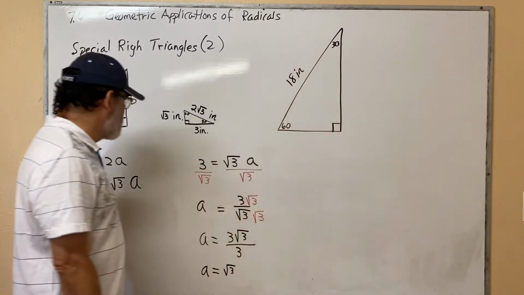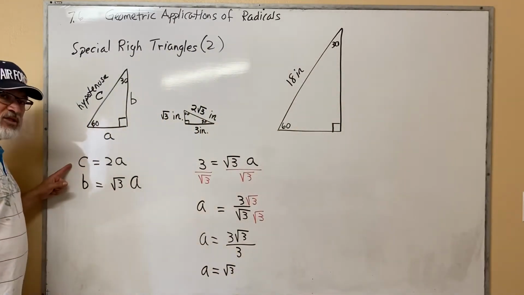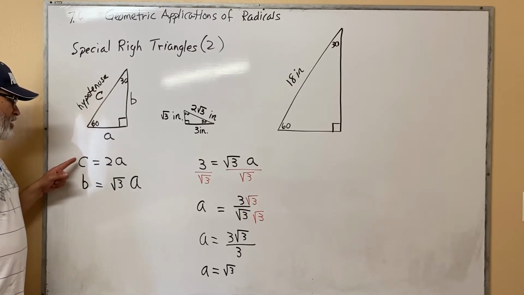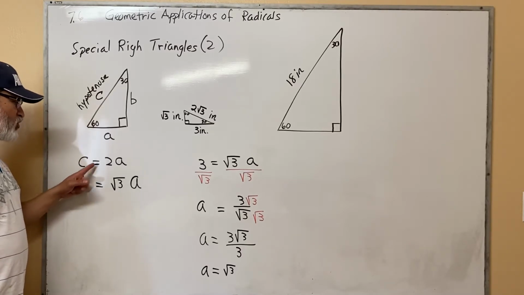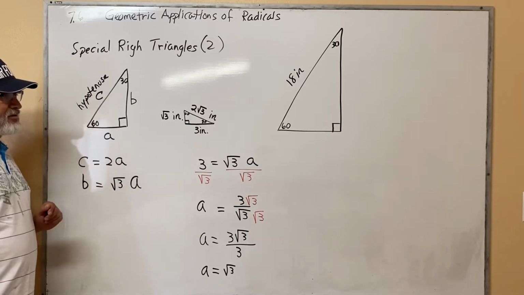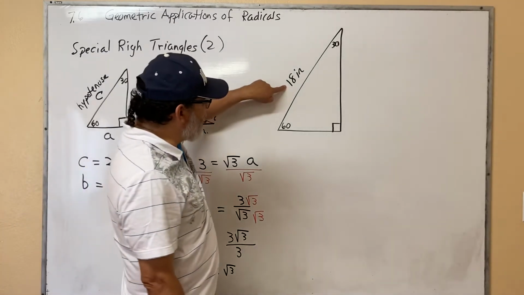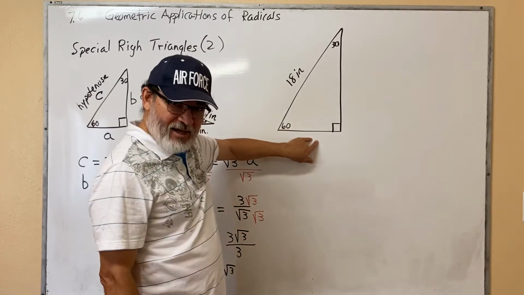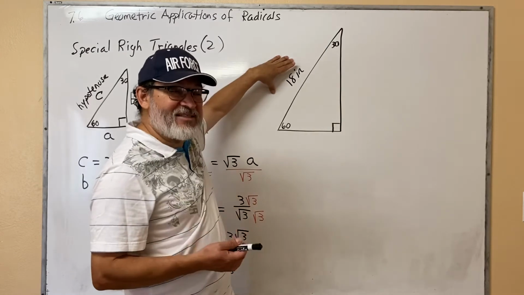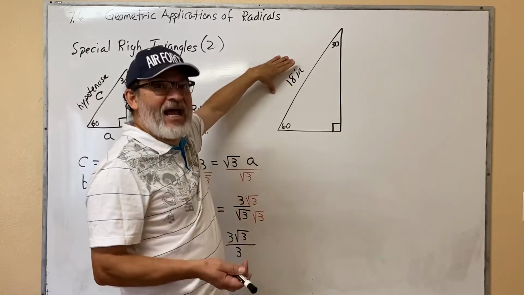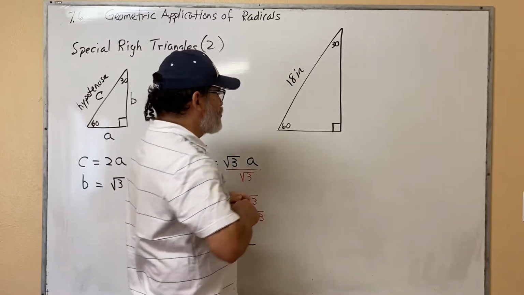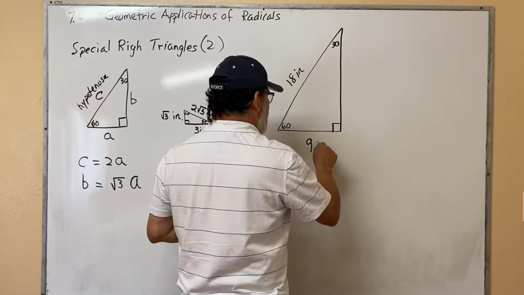Well, let's use these equations. The hypotenuse is twice the small leg. So if this is 18, that means that the small leg is 9 because it's twice the small leg. So this must be 9 inches.